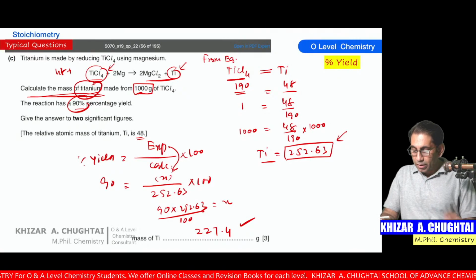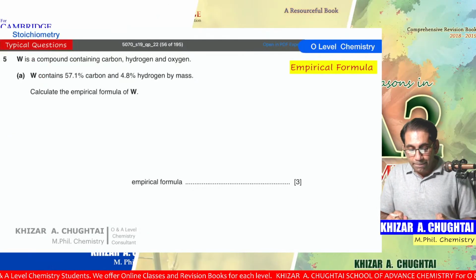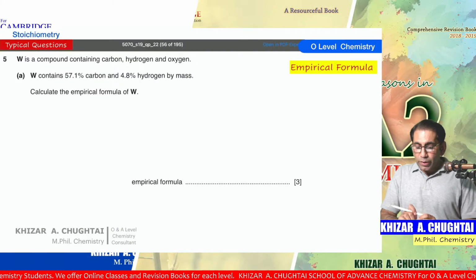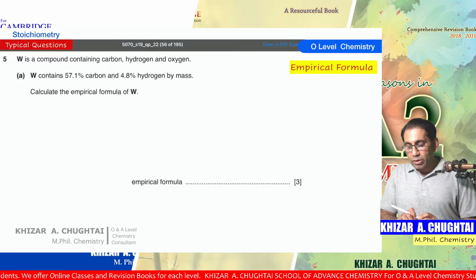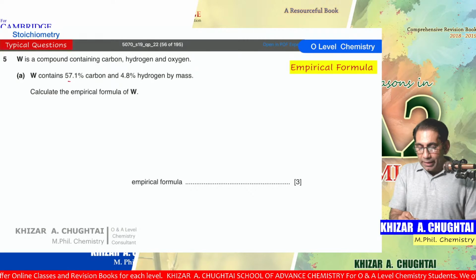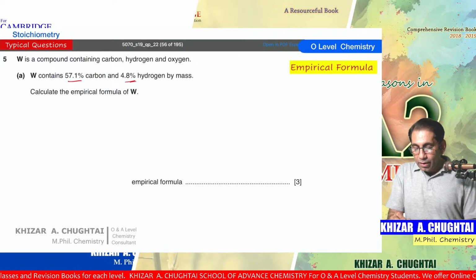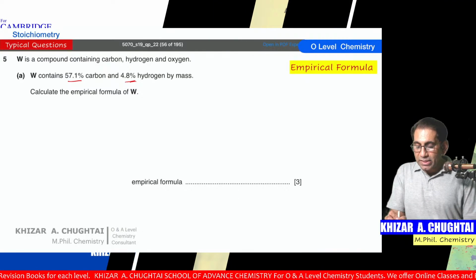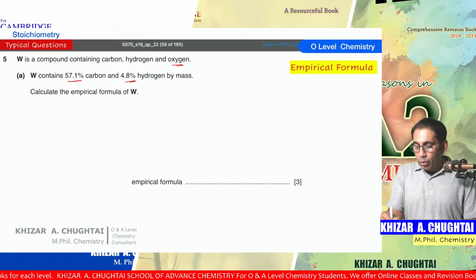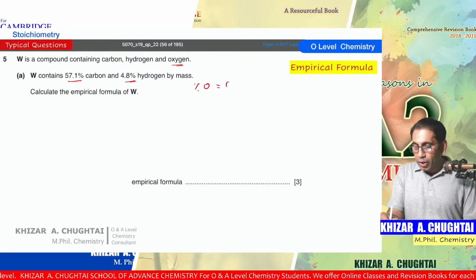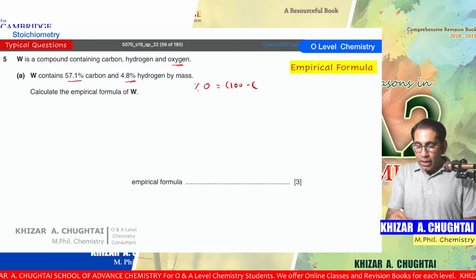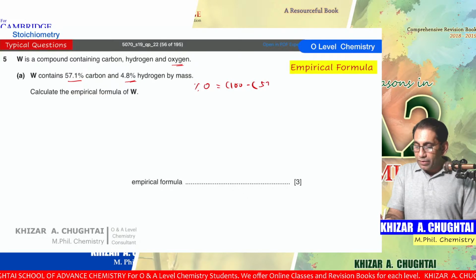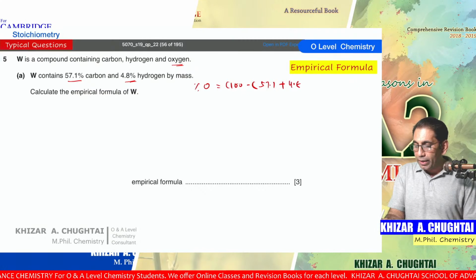Once again, it was the 3-mark question. The next one is, W is the compound containing carbon, hydrogen and oxygen. The percentage of the carbon is given, hydrogen is given, and you can find the percentage of oxygen. I mean, what is the percentage of oxygen? That will be equal to 100 minus percentage of carbon 57.1 plus percentage of hydrogen, that is equal to 4.8.